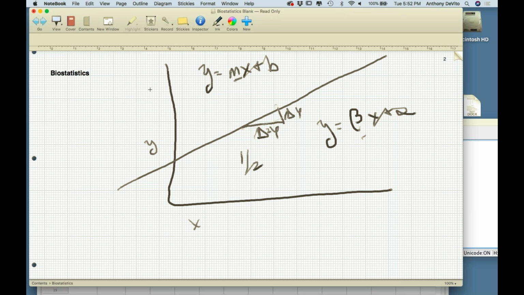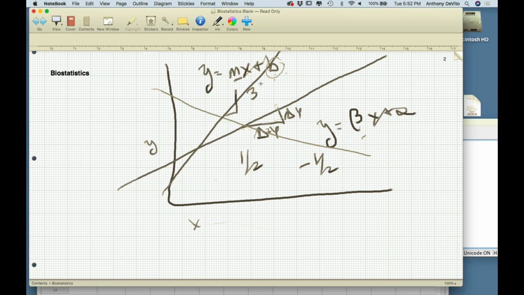And if the line were going this way, the slope might be minus 1/2. If it's a really sharp slope like this, the slope might be 3. For every 1 you go in x, it goes up 3 in the y direction. So that tells us the slope of that line. Okay, what about this other number, b, or alpha, over here? What does that b represent?